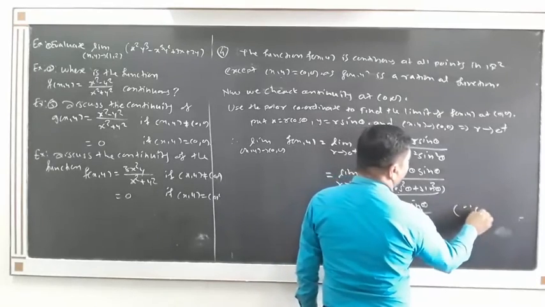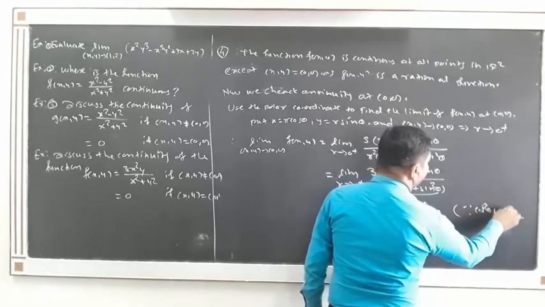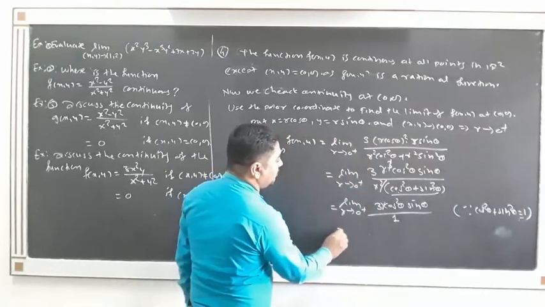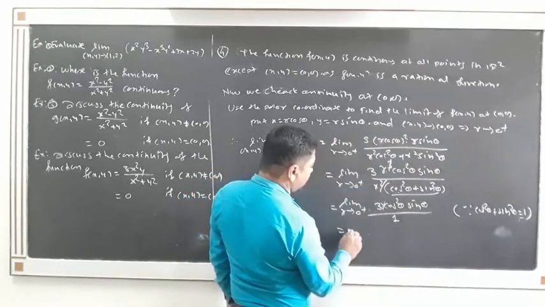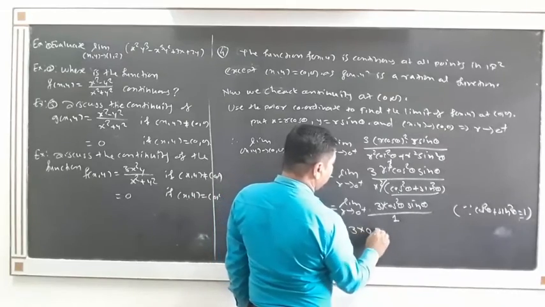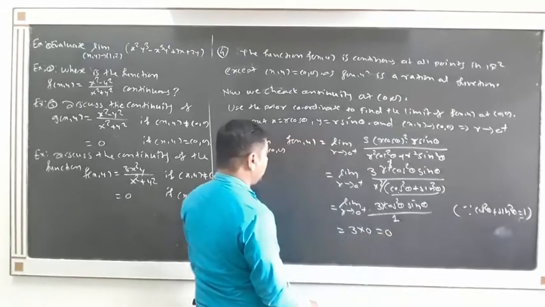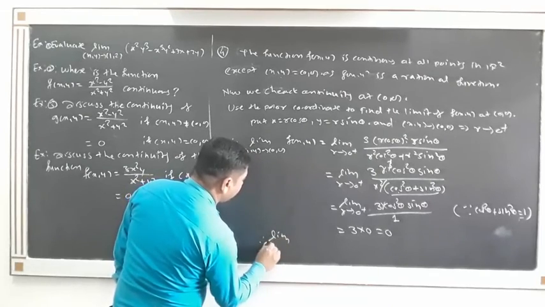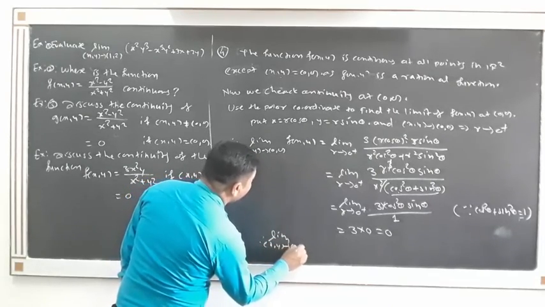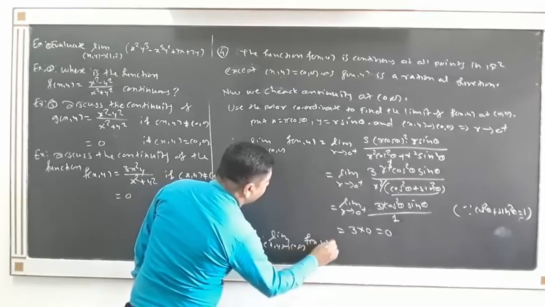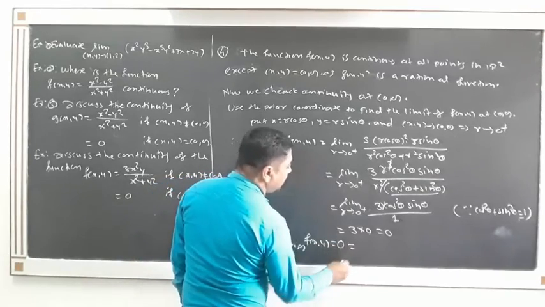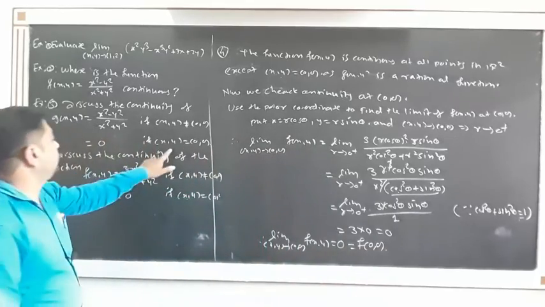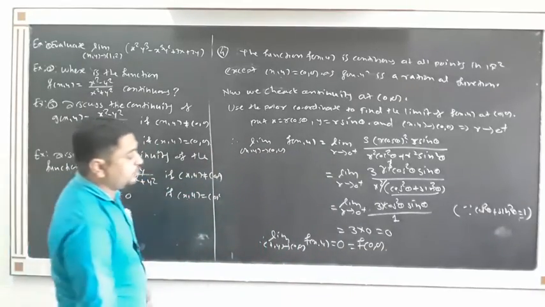Since cos square theta plus sin square theta is equal to 1, this is equal to 3 into 0, which is 0. Therefore the limit as xy tends to 0, 0 of f of xy is equal to 0, which is equal to f of 0, 0.